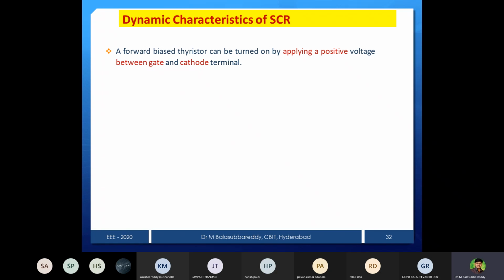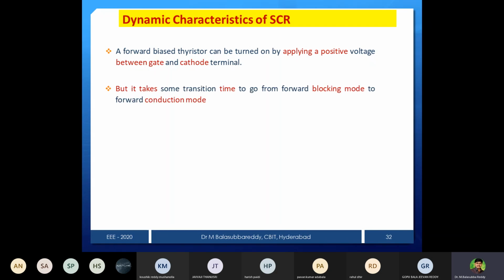So from yesterday's class we observed that gate triggering is finally the preferable method. So in that concept, to turn on the SCR we need to apply voltage across the gate and cathode terminals, but it takes some time to go from forward blocking mode to forward conduction mode.